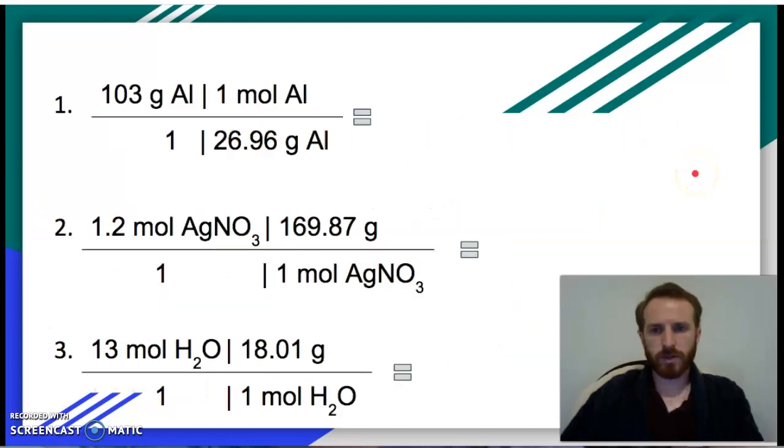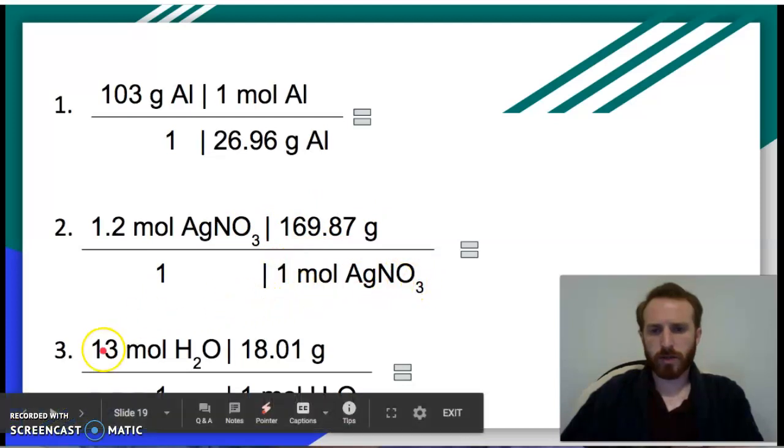So here are the solutions, or here are the problems set up. 103 grams of aluminum over 1 times 1 mole of aluminum over 26.96 grams of aluminum. Number 2, you start with the 1.2 moles of silver nitrate over 1, and you multiply it by 169.87 grams over 1 mole of silver nitrate.